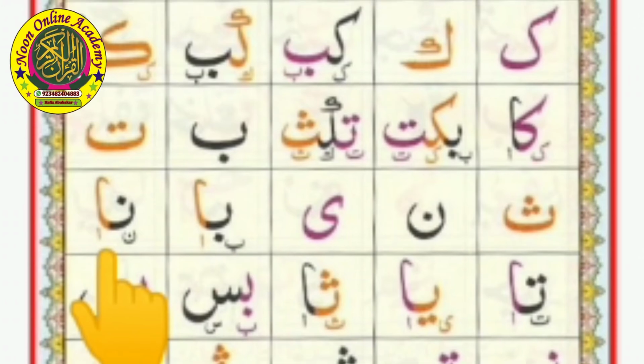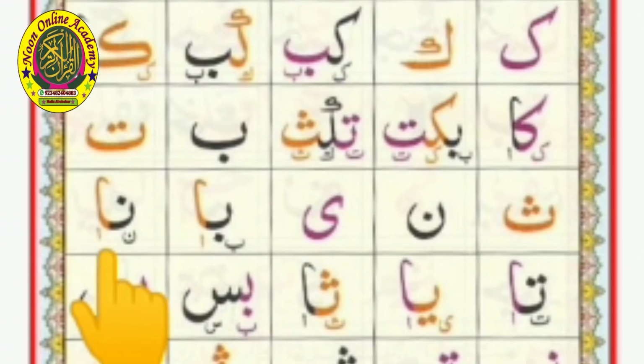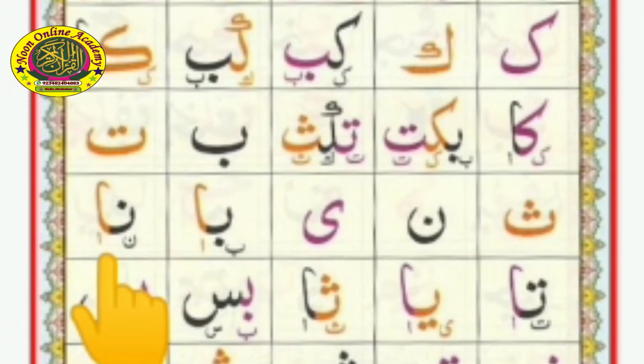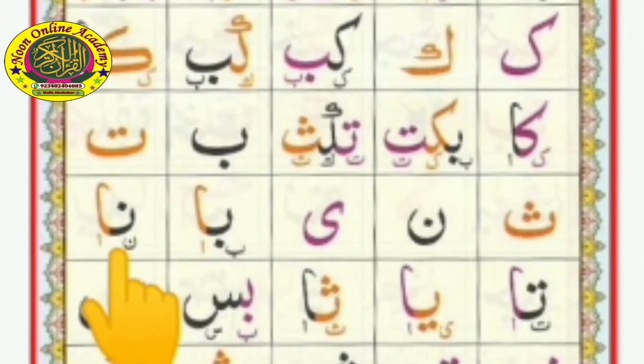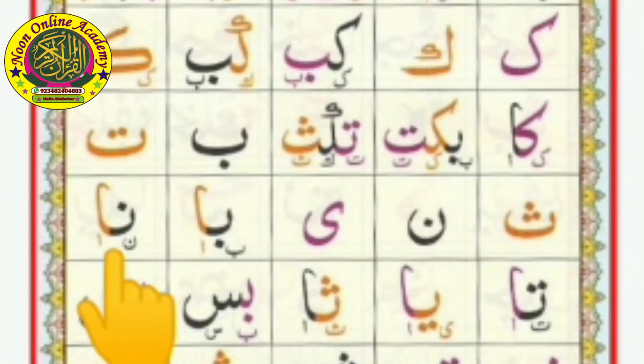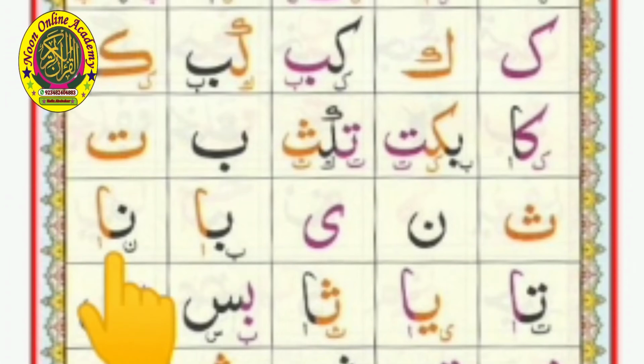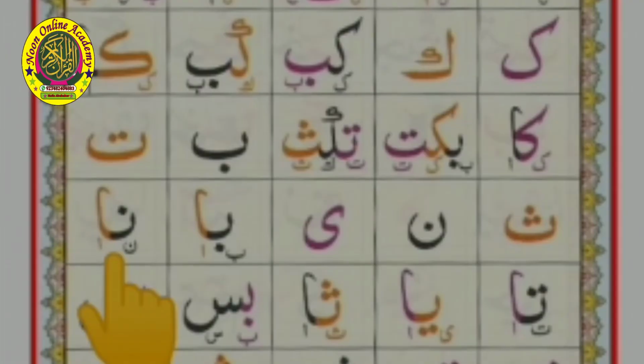This is a noon. And next one is alif. You cannot say za. This is noon. Noon, alif, noon, alif.